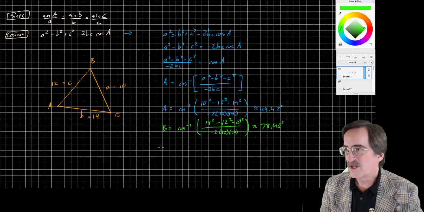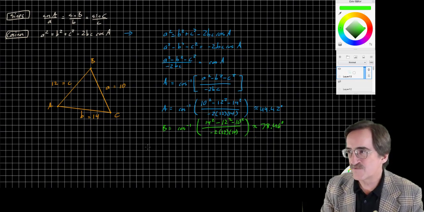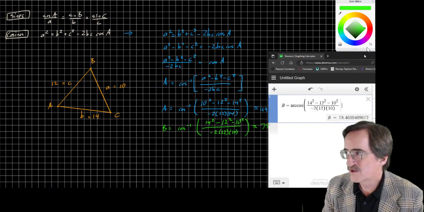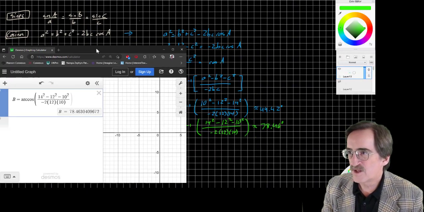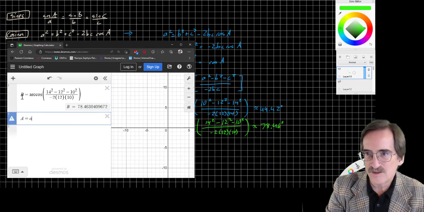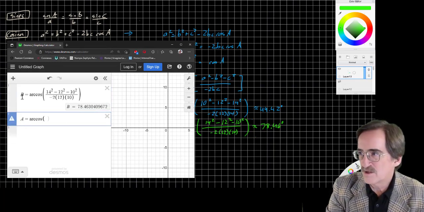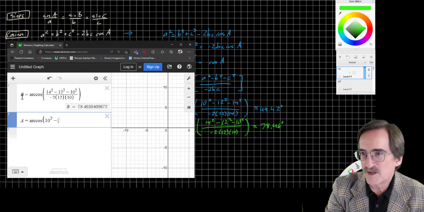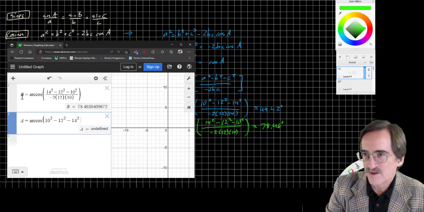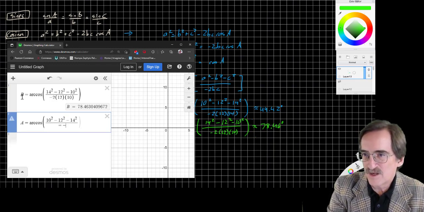Okay. And now I can do the same thing with C if you want, or we could subtract from 180. So if A is arc cos of 10 squared minus 12 squared minus 14 squared divided by -2 times 12 times 14.